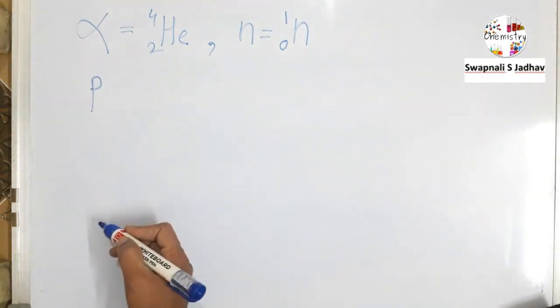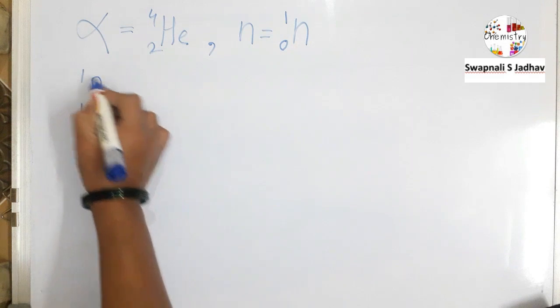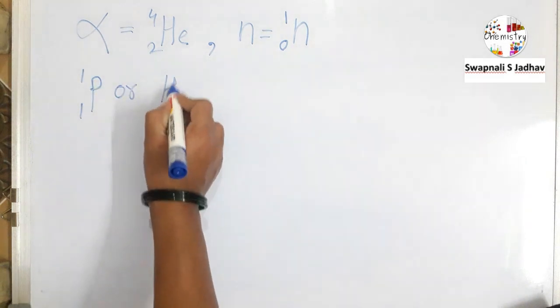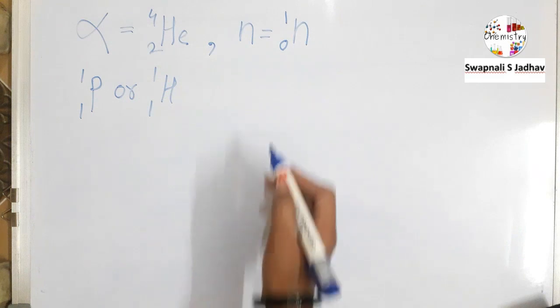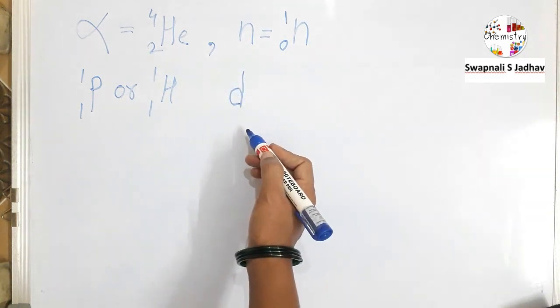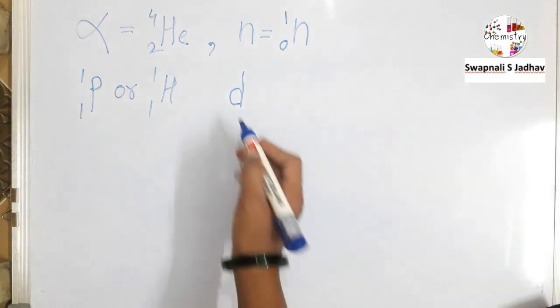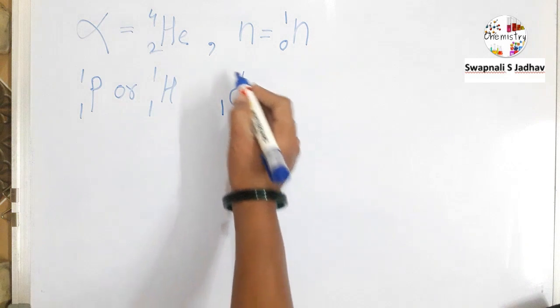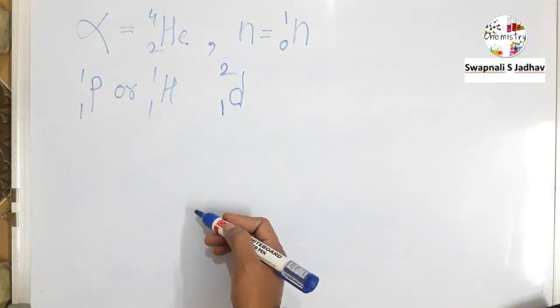A proton is nothing but the nucleus of hydrogen, represented by p 1 1 or H 1 1. Then the next one is deuteron. Deuteron is an isotope of hydrogen, represented by the symbol small d having atomic number 1 and mass number 2.